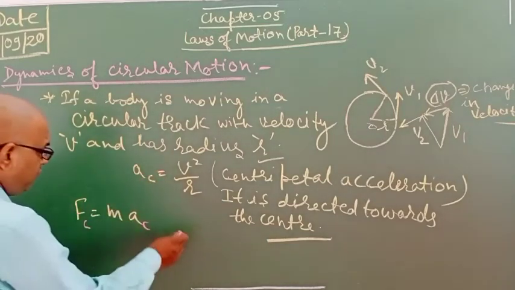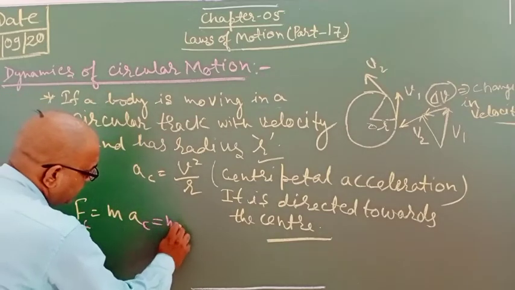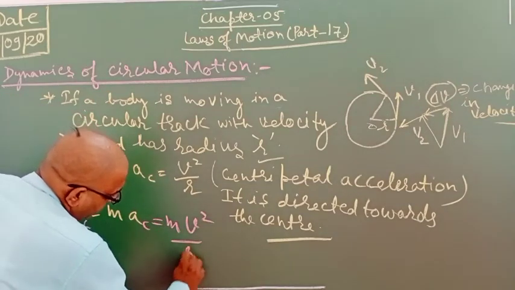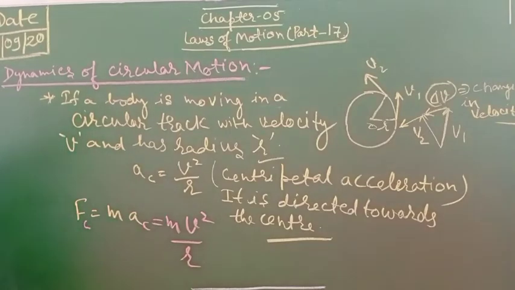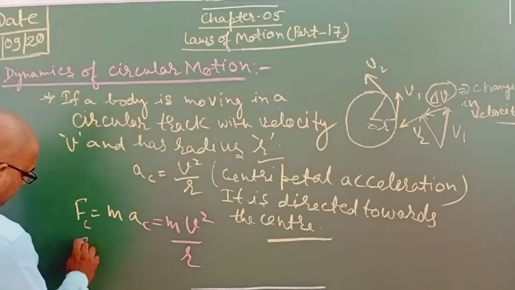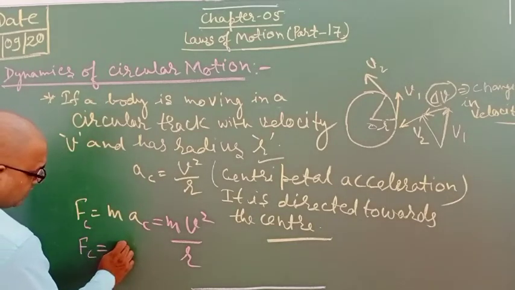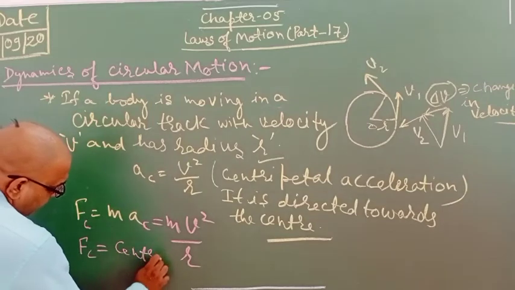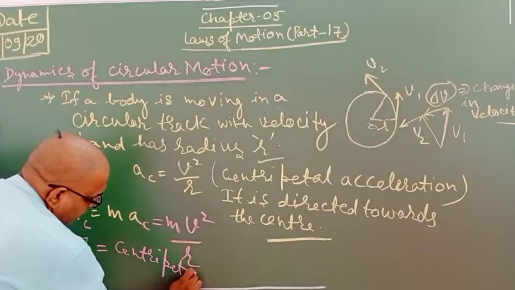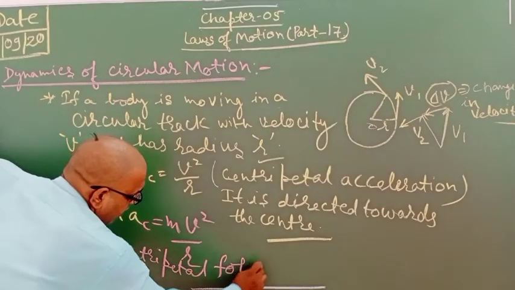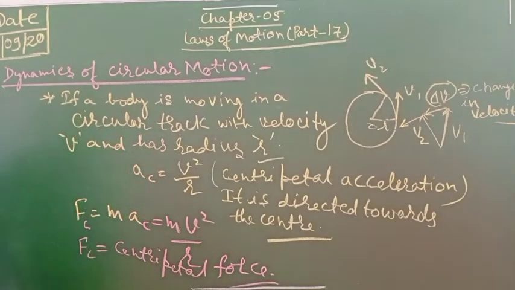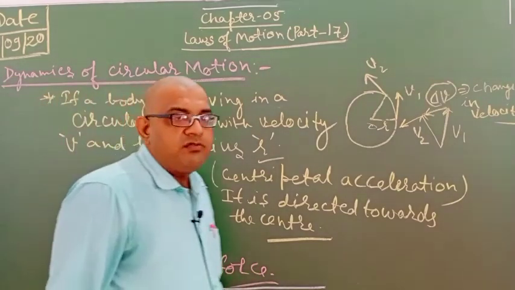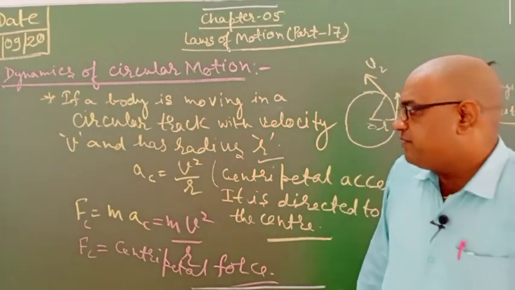Putting the value of ac here, it gives m v square upon r, and this m v square upon r is called Fc, the centripetal force.